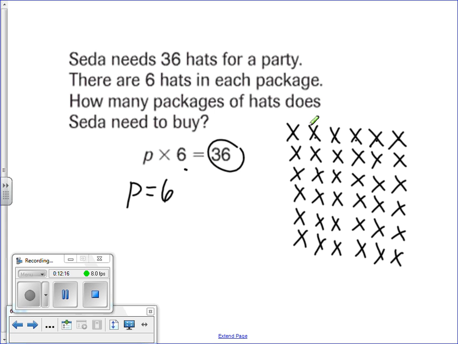Wow, that's so interesting that you realize that, Richie. It's a perfect box. Why is it a perfect box? It's called a perfect square. 36 is called a perfect square number because when I make an array, there's the same number on each side.